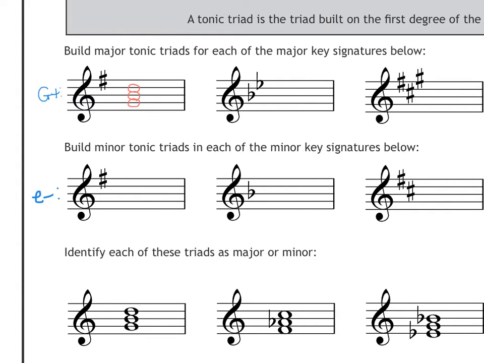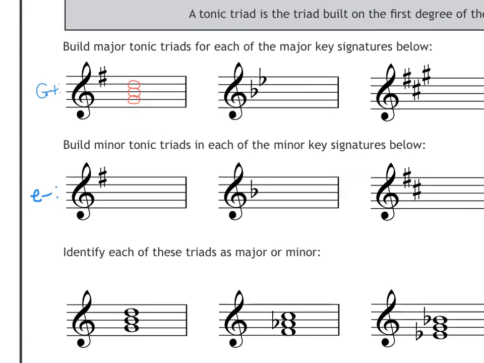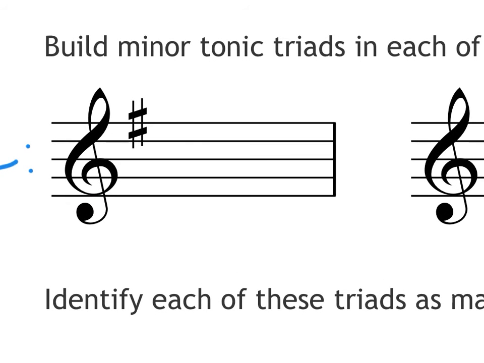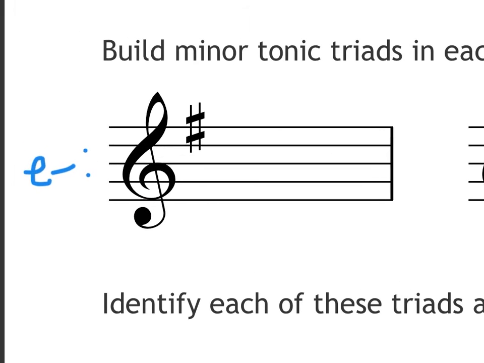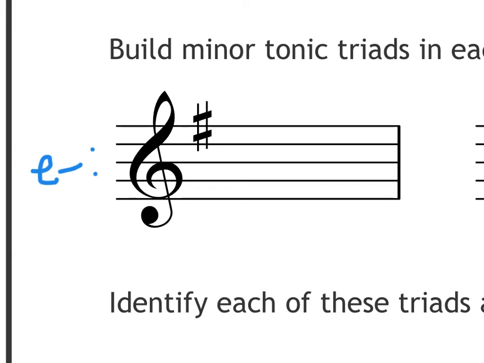So in the key of E minor, we need to build a tonic triad. A tonic triad is a triad built on the first note of this scale. What is the first note of this scale? Well, of course, in the key of E minor, our tonic note is the note E. So I'm going to do that.